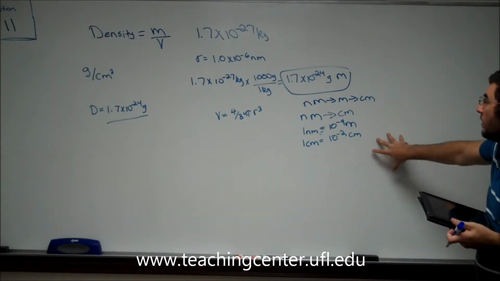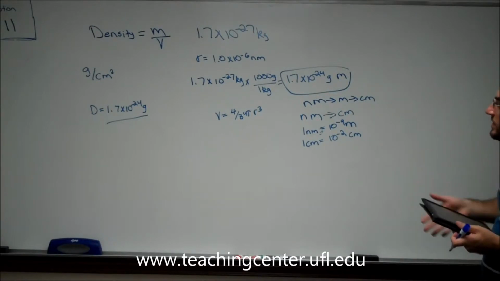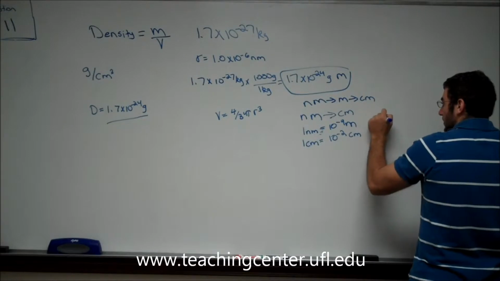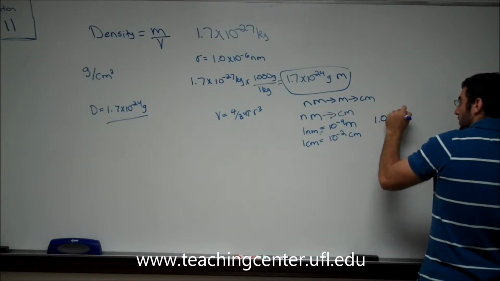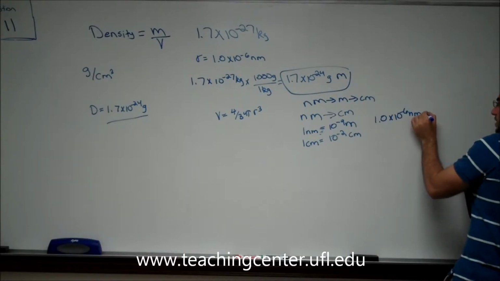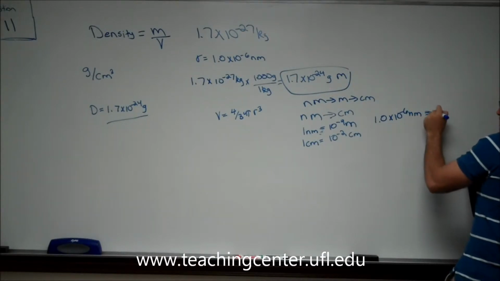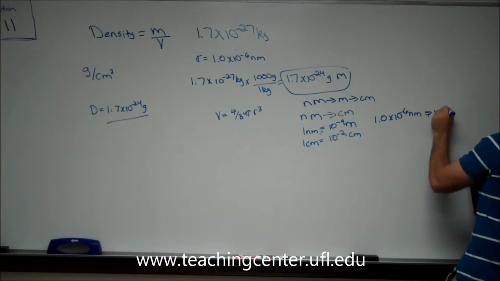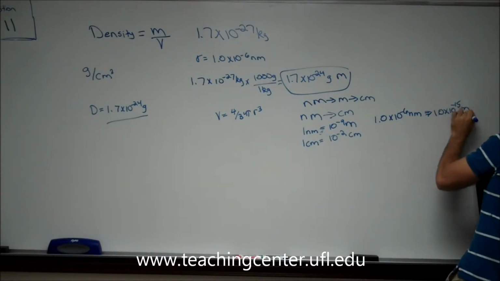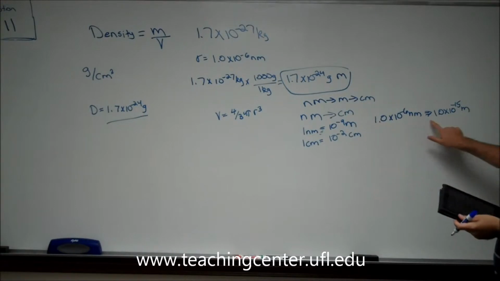So, we know that 1.0 times 10 to the minus 6 nanometers, if we did do the long way, I'll just show it real quick, would equal 1.0 times 10 to the minus 15 meters, because there's the difference of 10 to the minus 9.